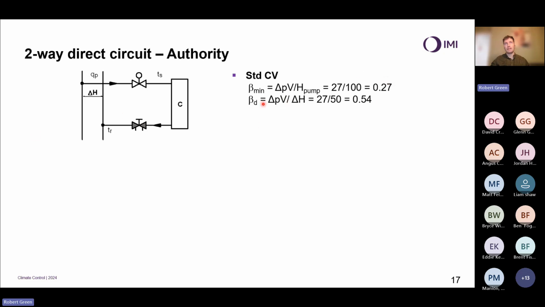And my design is my pressure drop on my valve divided by my available head at design conditions, because we're talking design, 0.54. We'll talk about authority in 2 weeks' time. But minimum should always be above 0.25, and a good gauge for design is around 0.5.